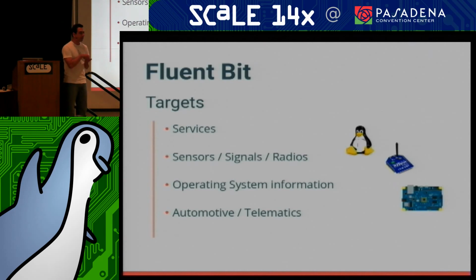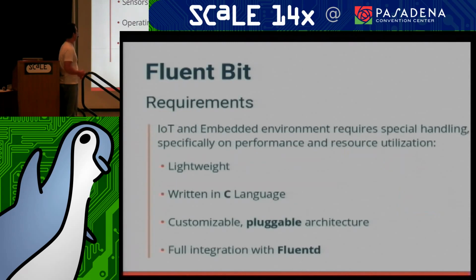When you have your embedded system running, you sometimes want to measure how much CPU is being consumed, because in embedded, power consumption is an issue. Maybe I'm consuming half of the CPU time, and that is really bad. You want to decrease that. And of course, it can run on telematics or automotive stuff.